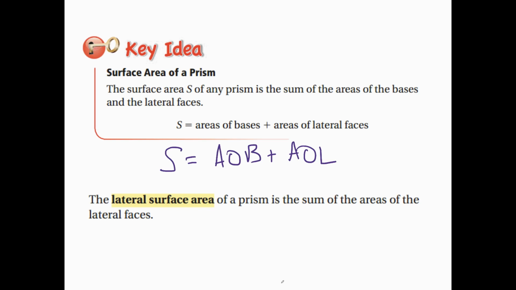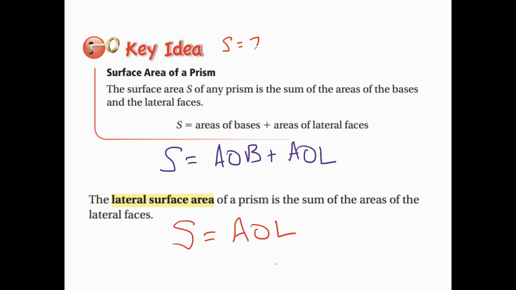And remember, the lateral faces are not the bases. The lateral faces are not the bases. And for the lateral surface area, if I want to find the surface area of a prism that doesn't have any bases, all you have are the lateral faces, then all I need to do is find the area of those lateral faces. So we have two formulas, and then we had the one from the previous page.